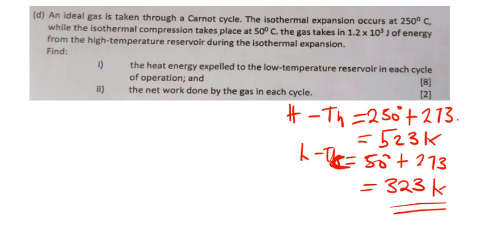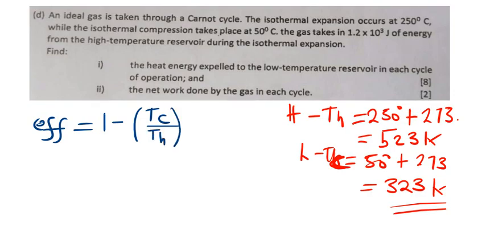Now how do you find the Carnot efficiency? The efficiency, which I'm going to represent as E, is 1 minus the compression temperature over the expansion temperature. So now we're just going to solve 1 minus TC over TH. TC, in terms of compression, we found is 323 Kelvin.